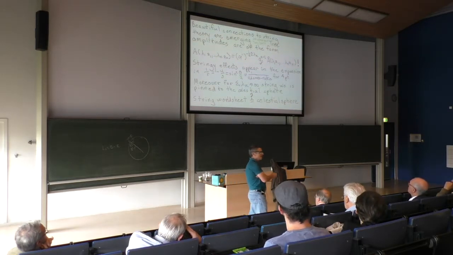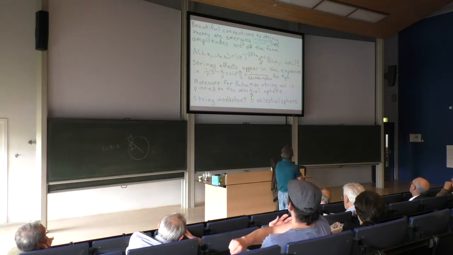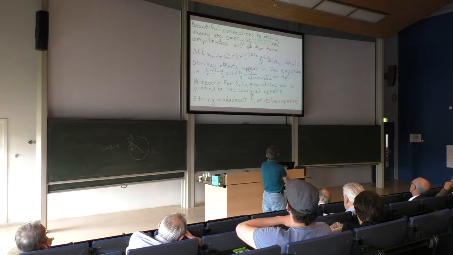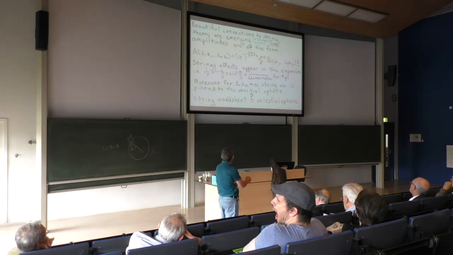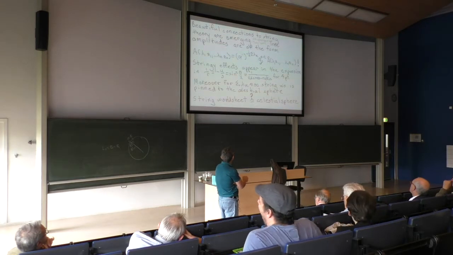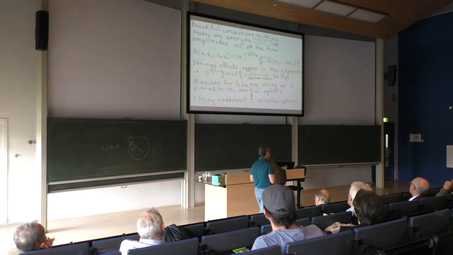The amplitudes can't directly involve the string constant alpha prime because it's dimensionful. It only appears as a power in front, and what happens is that stringy effects appear in the soft expansion about the Regge limit. And another interesting thing that happens, there's another tantalizing connection here.